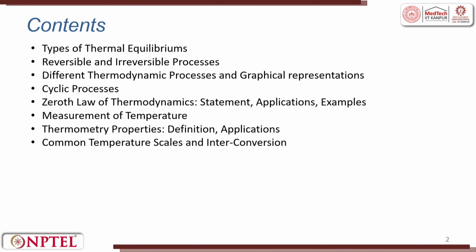We saw what is zeroth law in the previous lecture, very basic. Then we will see measurement of temperature. Then we will move into the topic of thermometry, properties, definition and application. And finally, common temperature scales and their interconversions, because we have Kelvin, we have Fahrenheit, we have Celsius.